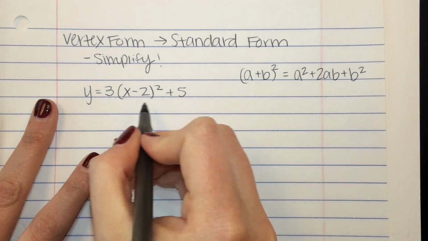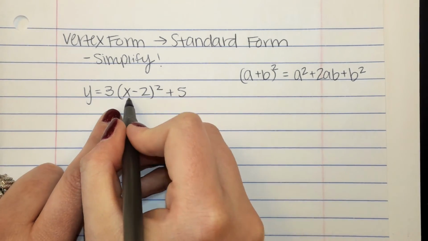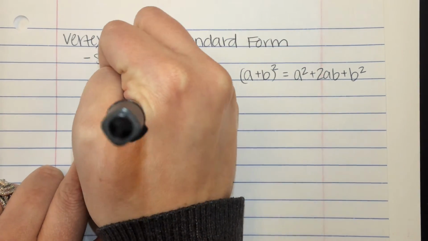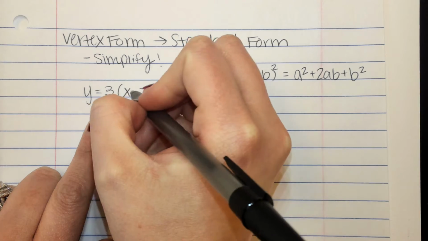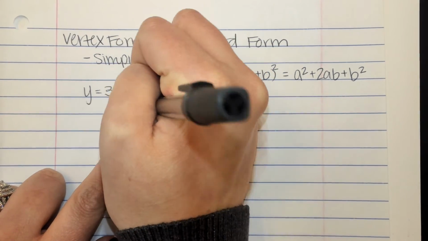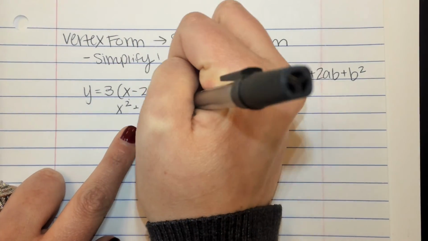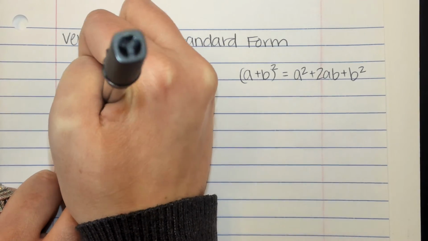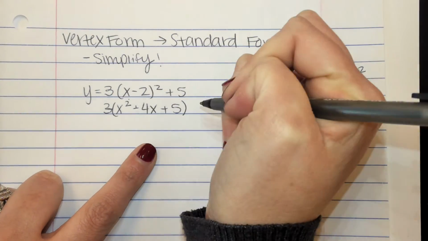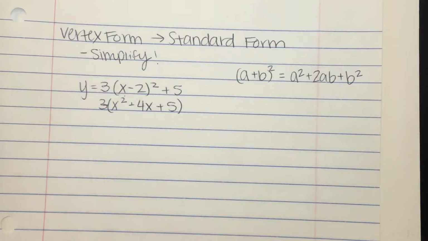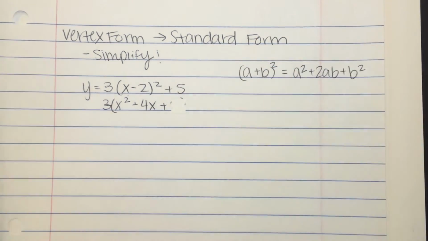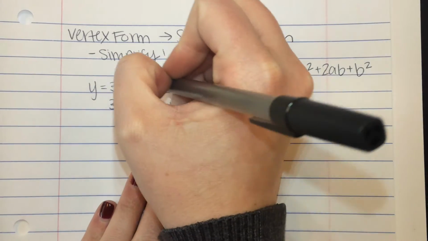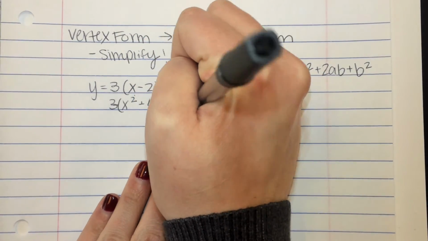Okay, I'm squaring this binomial, so that's going to be x squared, then 2ab, so 2 times negative 2 is negative 4 times x is negative 4x. Oh, guys, I'm really struggling today. I don't bring down the 5, I do b squared, so negative 2 squared is a positive 4.